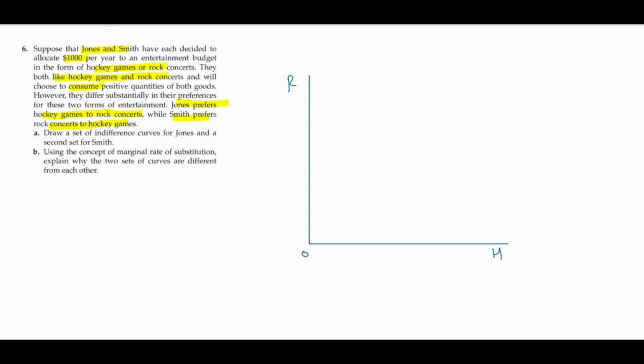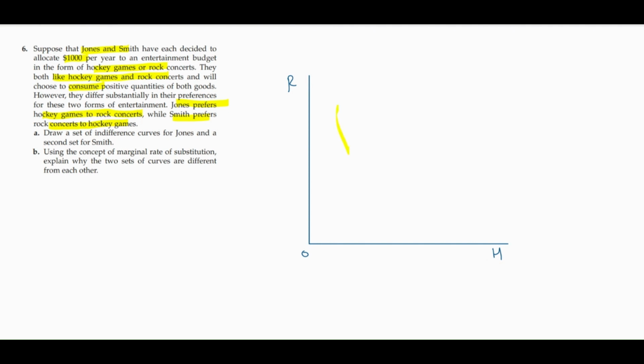If they like both, it means that the indifference curve should be convex. Now we know that this is convex. So how do we differentiate between Jones and Smith's indifference curves? Because another piece of information they have provided is that Jones prefers hockey games to rock concerts. That means Jones likes hockey games.